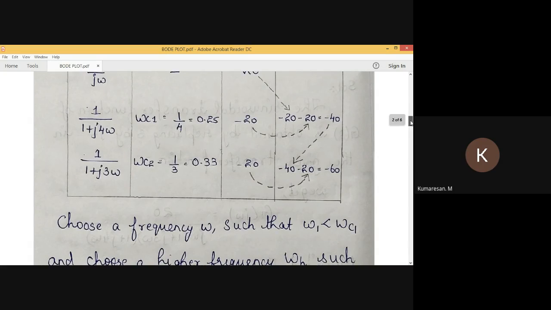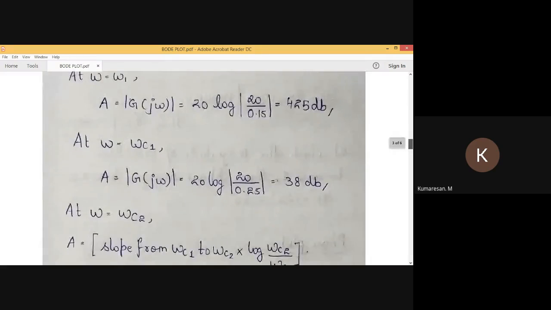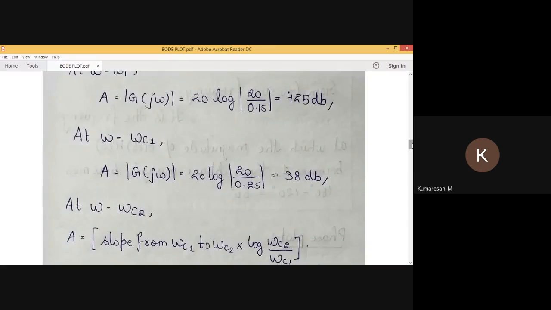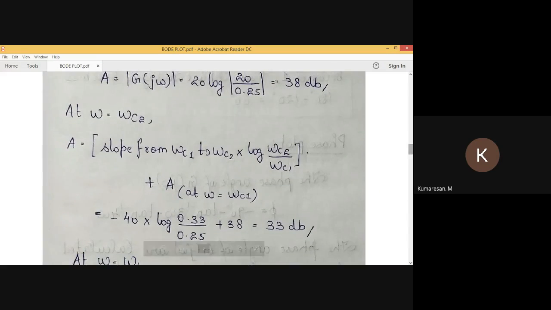So we put the slope minus 40 times log of the second frequency 0.33 divided by the first frequency 0.25, plus the previous magnitude 38, equal to 33 decibel. We found 33 decibel.